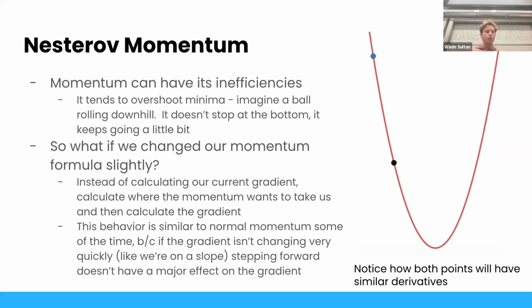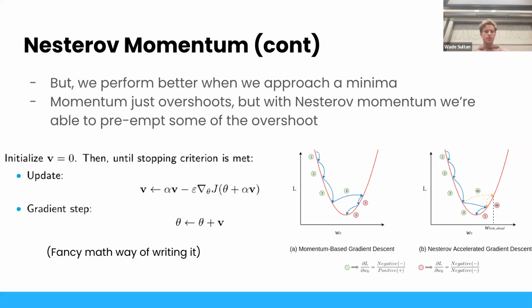We can calculate where the momentum wants to take us and then calculate our gradient. It's similar to normal momentum some of the time, because the gradient isn't changing very quickly, so stepping forward doesn't have a major effect, but we perform better when we approach a minima. Momentum just overshoots, whereas with Nesterov, we're able to preempt some of the overshooting. We're able to predict it in advance.